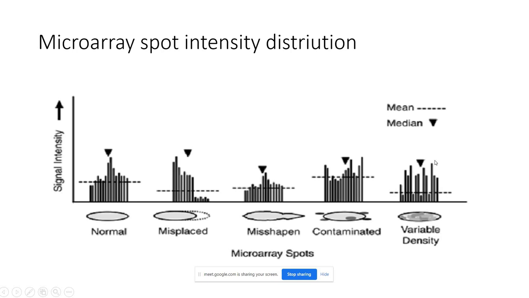So we can compare with the reference. We can keep this value as the reference, and also have references for the bad spots: contaminated, misplaced, misshapen, and variable density. Using those reference spots, we can easily identify which one is normal, misplaced, misshapen, contaminated or variable, and discard those spots from the analysis.